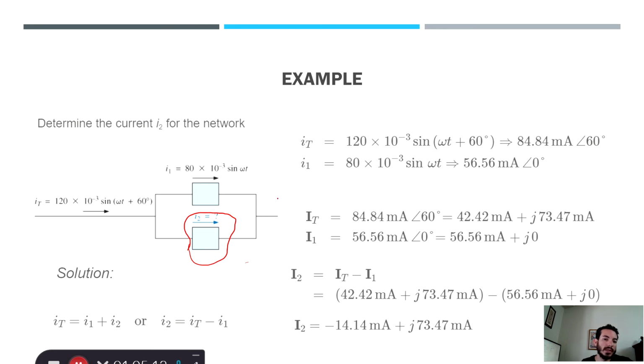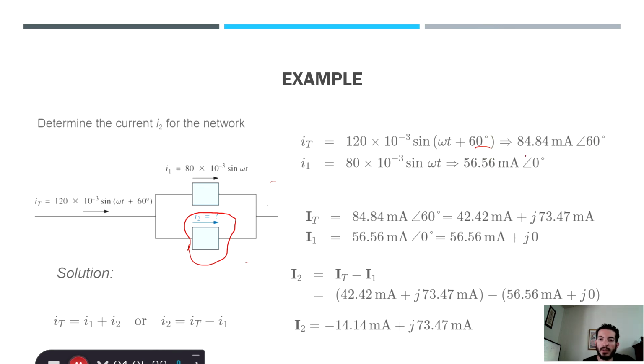So we can do that by saying that I2 is I total minus I1, and I total is 120 milliamps sine omega t of 60 degrees offset, and I1 is 80 milliamps sine of omega t with no offset.